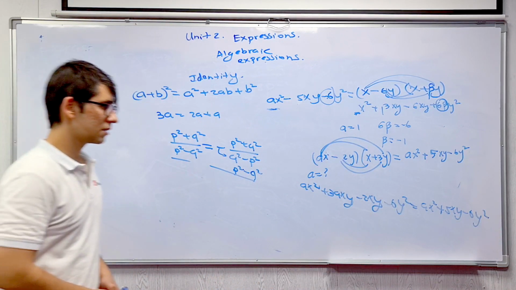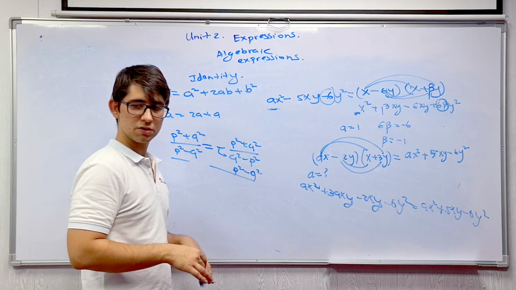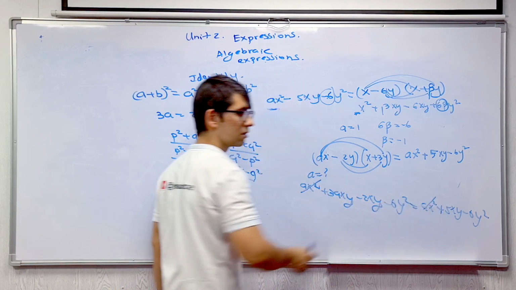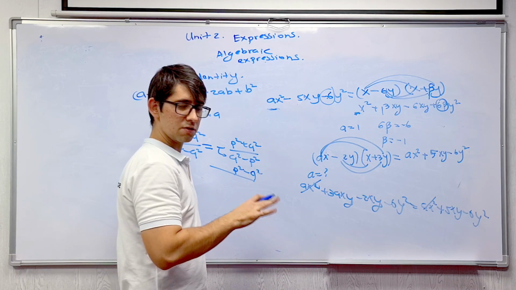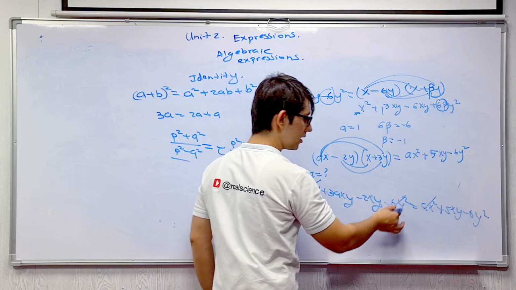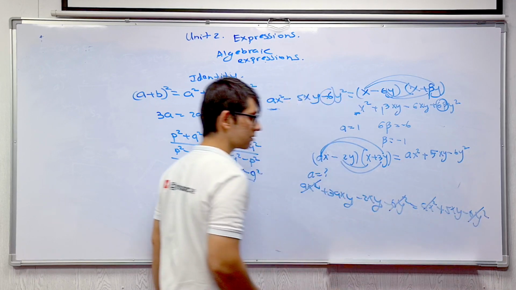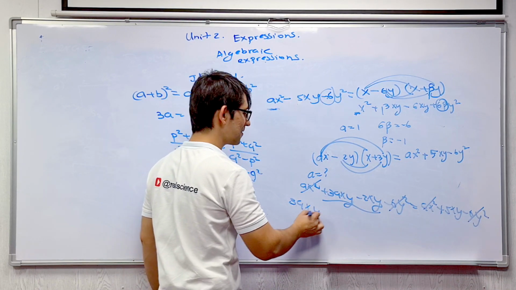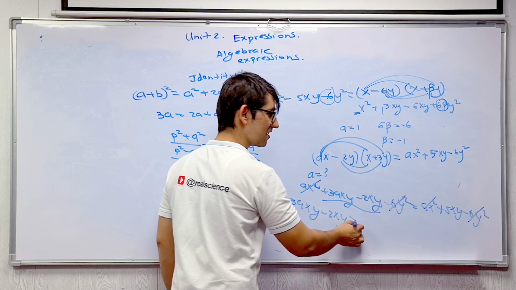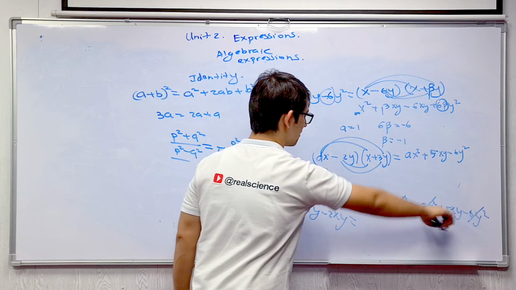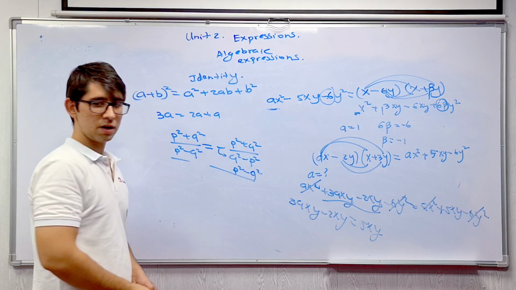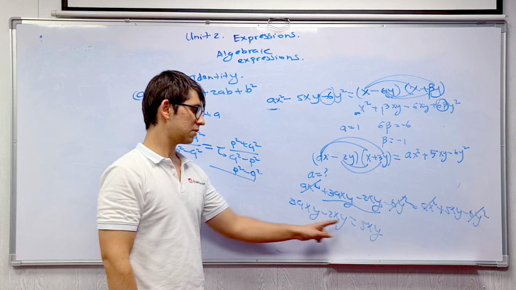So, you can make cancellation from both sides with similar terms. Ax squared, nothing to be found from these two, right? Minus 6y squared. Here you are left with 3axy minus 2xy, it is equal to 5xy, right? So what should I put instead of a to get 5xy?